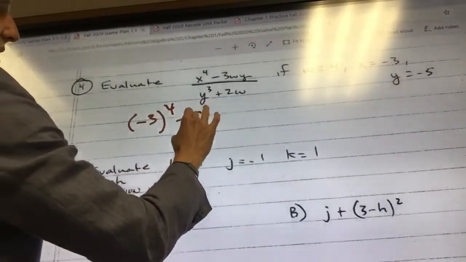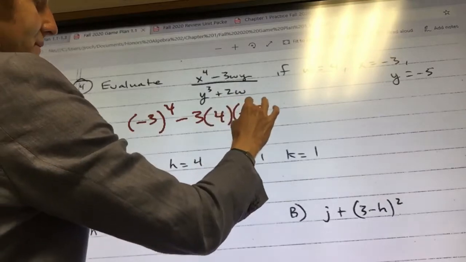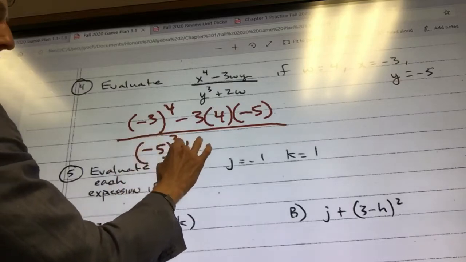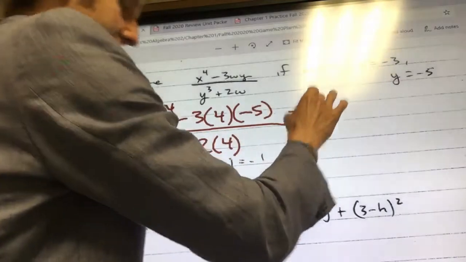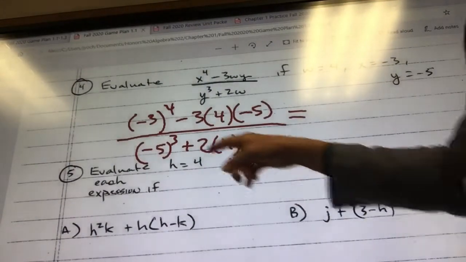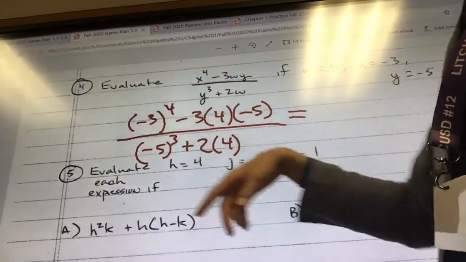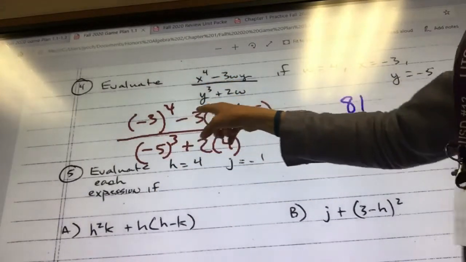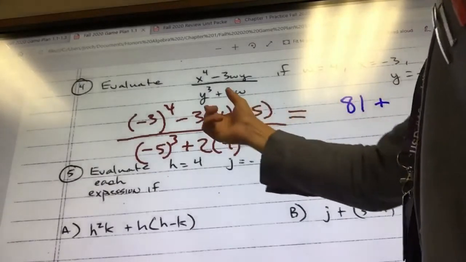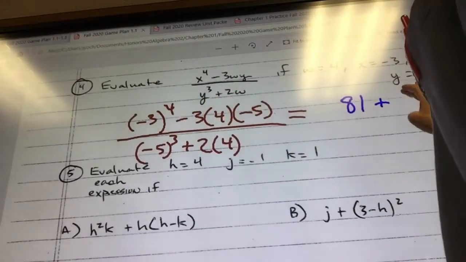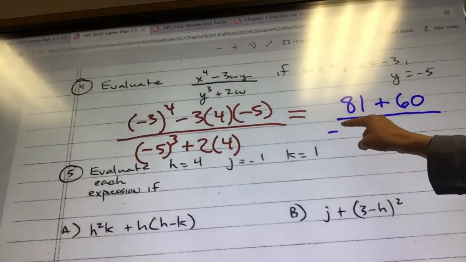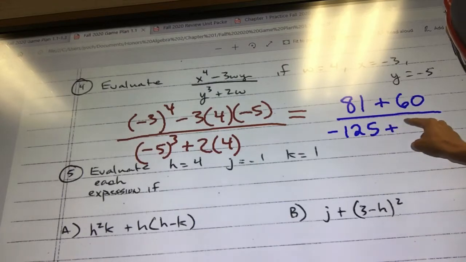It's going to be raised to the 4th power minus 3 times w times y all over y to the 3rd plus 2 times w. -3 times -3 times -3 times -3 is 81. You have a negative times a positive times a negative. It's a positive, so plus 12 times 5, was that 60? 60. Yeah. -5 to the 3rd power is -5 times -5 times -5 plus 8.